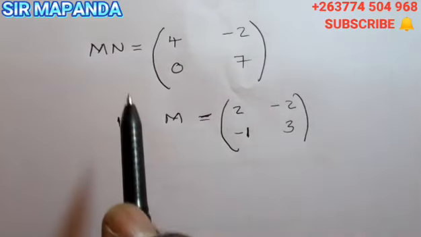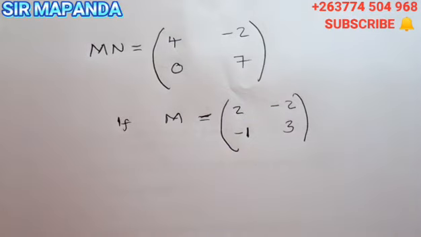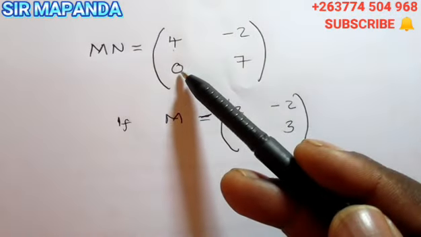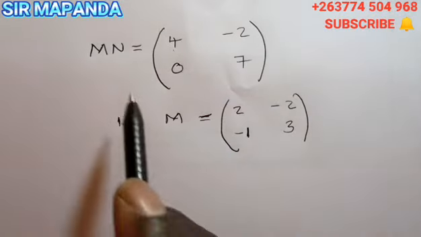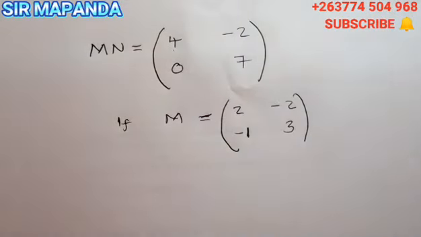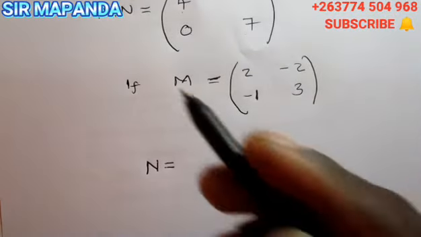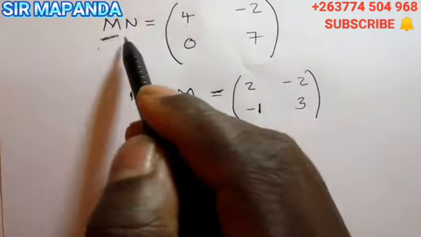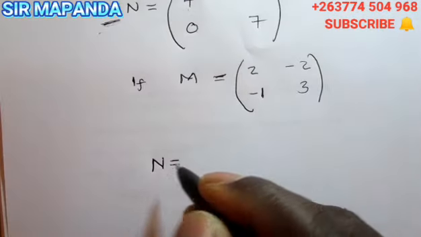If you are given matrix M and matrix N as 2 by 2 matrices, multiplying each other to give 4, minus 2, 0, and 7, to find the matrix N, you make N the subject of the formula by removing this M through dividing both sides by M.